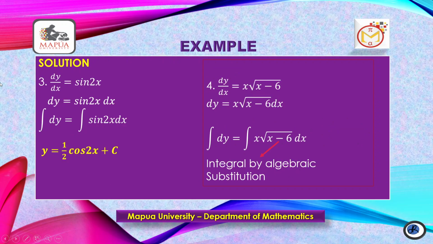Another example, for number 3, we have derivative of y with respect to x equal to sine 2x. So again, as for the basic method of finding the solution, we just combine the dx with the x variable and the dy with the y variable. So here we just multiply by the dx for the equation.